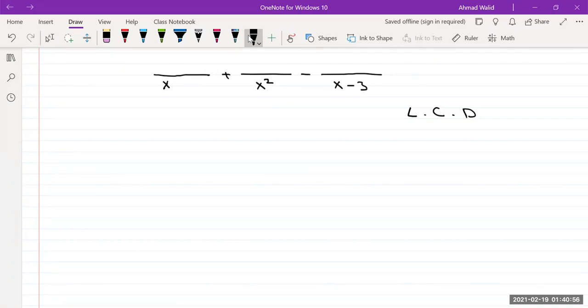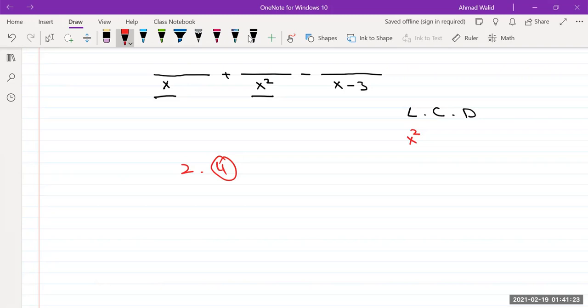First, between these two, between x and x squared, it's really easy. The highest exponent is your LCM. Between x and x squared, definitely I'll take x squared as the LCM. Because between 2 and 4, the LCM is 4. You go for the bigger number, correct? Not GCF, LCM.